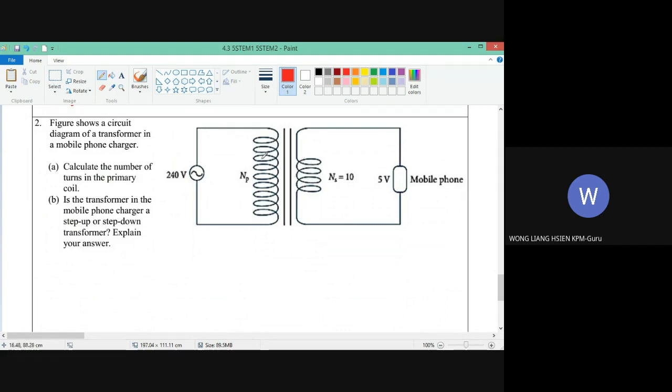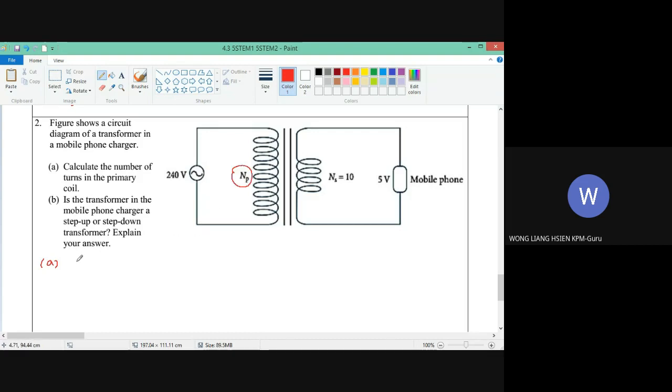As long as one side has more loops than the other, that will show that it is the symbol of a transformer. A, calculate the number of turns in the primary coil. This is what we want to find.